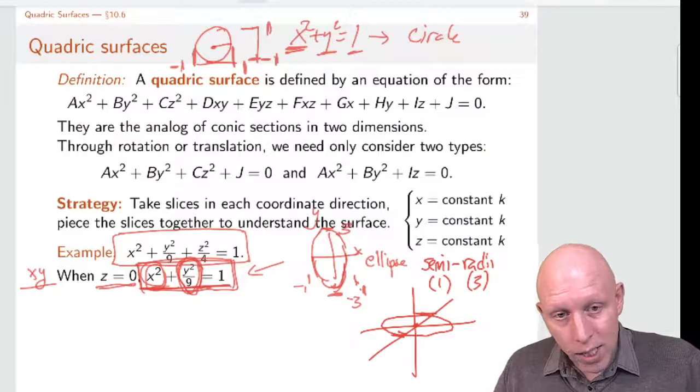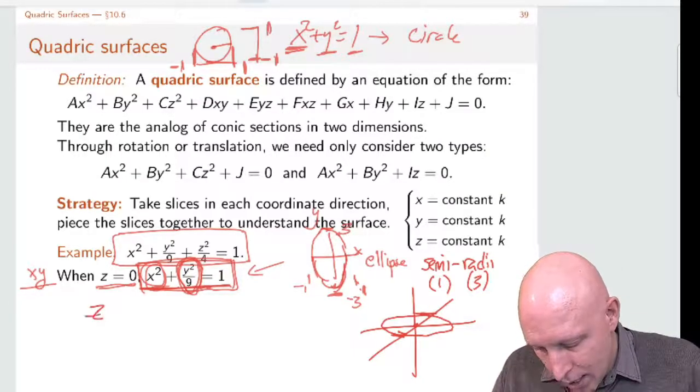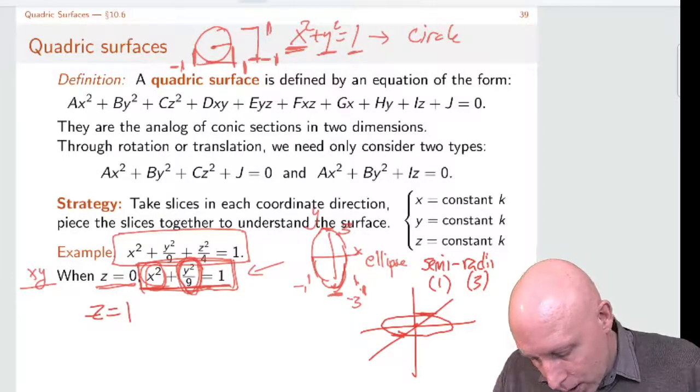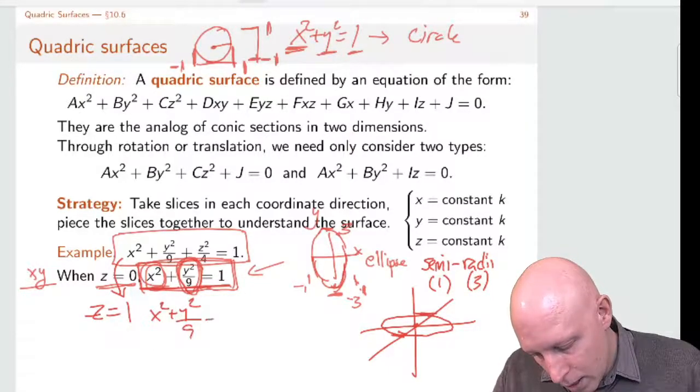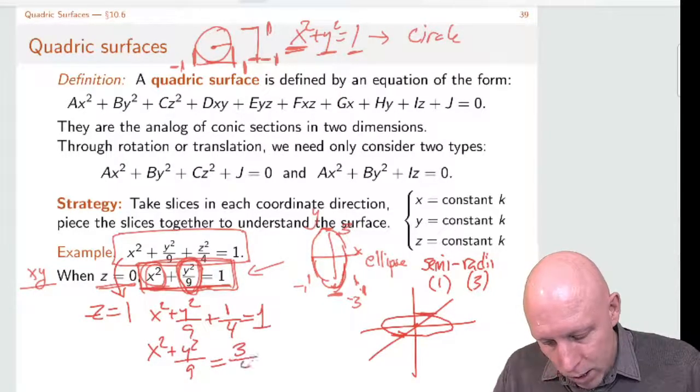So this was one slice. This was when z is equal to 0. Let's say z is equal to 1. If z is equal to 1, the equation changes slightly. We get x squared plus y squared over 9 plus 1 over 4 is equal to 1, which means we have x squared plus y squared over 9 is equal to 3/4.